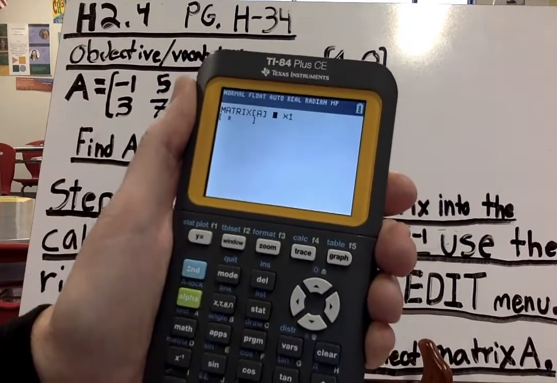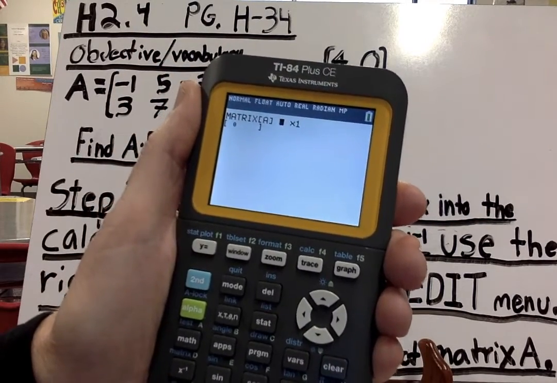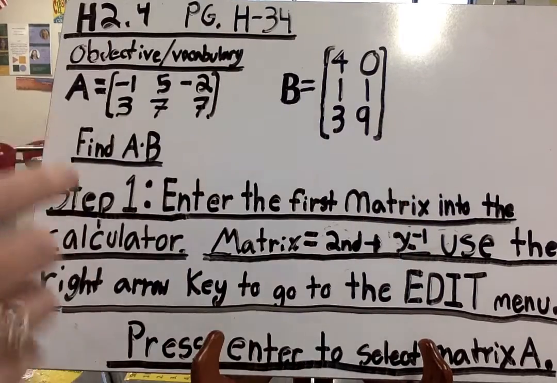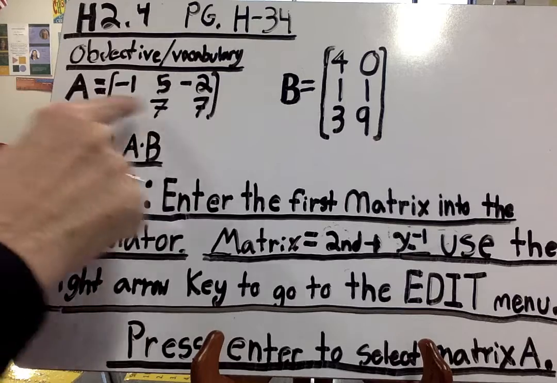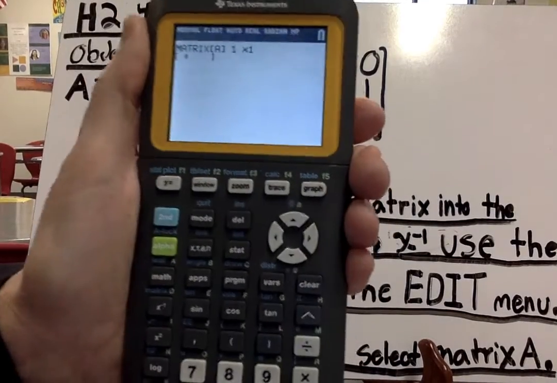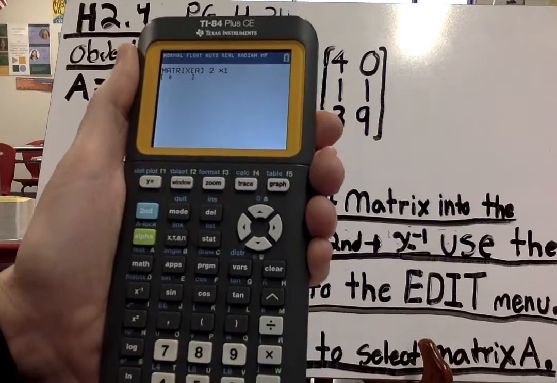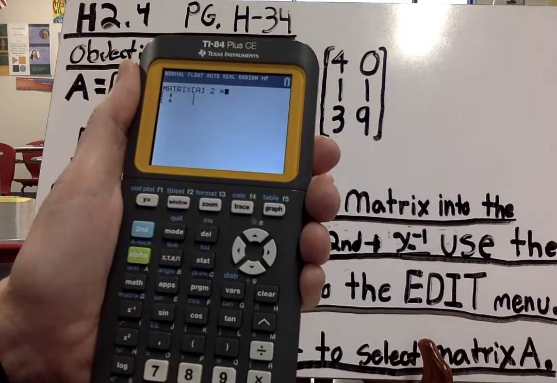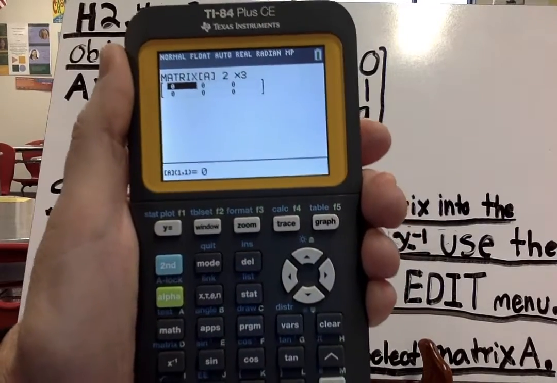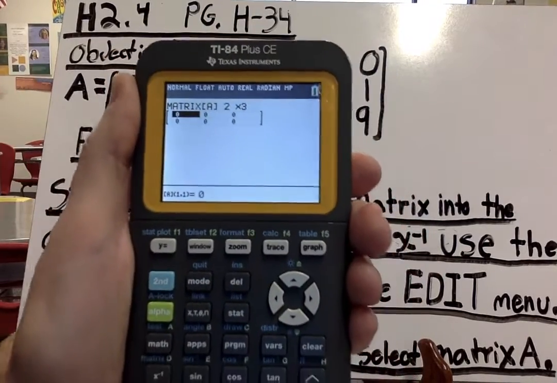Okay. Next, we need to figure out the size of our matrix. Here we see it's 2 rows by 3 columns, so it's a 2 by 3. You go 2, enter, 3, enter, and there it brings up a 2 by 3. Now we're going to enter these numbers.